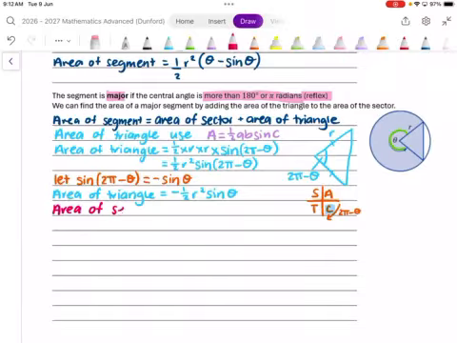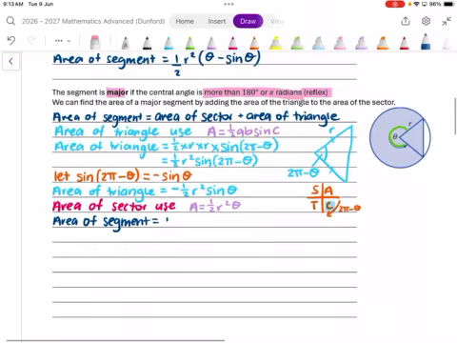Now for our area of our sector, that is nice and easy. We can just use that formula from our reference sheet, A equals a half r squared theta. So what this means is for our area of our segment, we have our area of our sector, which is a half r squared theta, plus our area of our triangle, which is minus a half r squared sine theta.